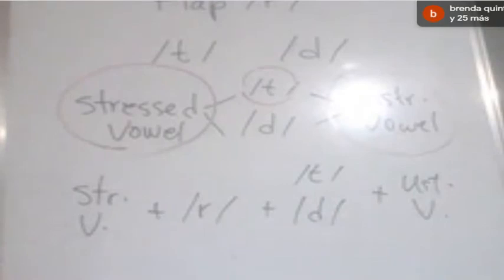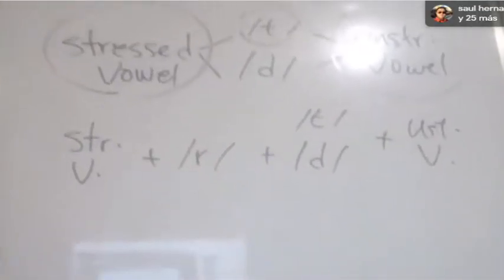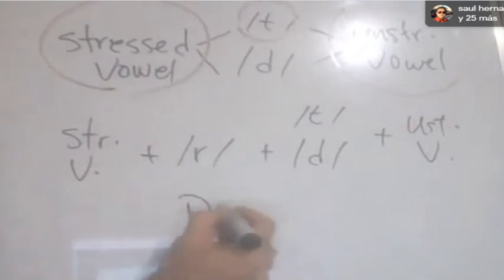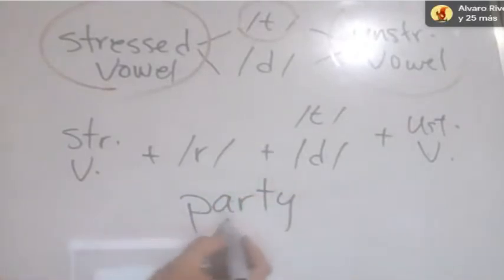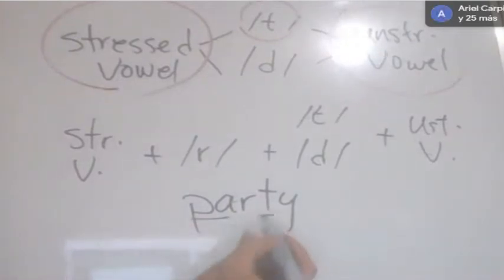Which accounts for party, okay? Because if you see party, I don't know if you can see it right here. I think so. If you see party, there is stressed vowel, the t, and unstressed vowel, right? So that's the environment.